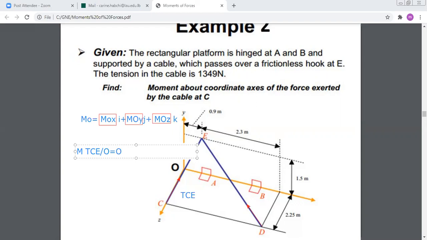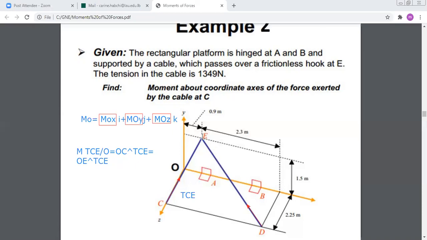So I can take OC vectorial TCE, or the second option, it will be equal also if I take OE vectorial TCE. So I can take any point on the line of action of the force. Any point will work, as we demonstrated.